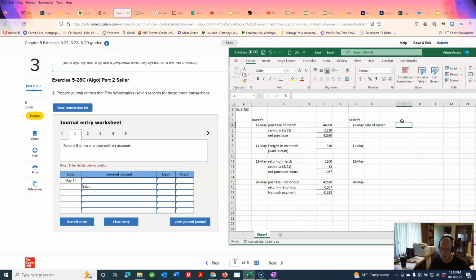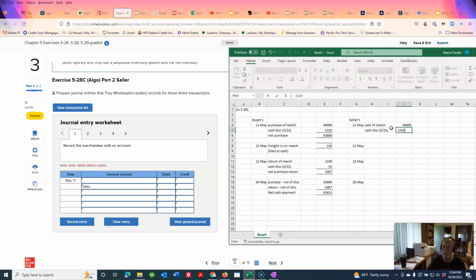And again, we start with 44,000 and we deduct the cash discount, again on the buyer's books if paid by 5/21, but on the seller's books that date is still 5/21 because the terms apply to both buyer and seller. However, for the seller, it's based on collection date.